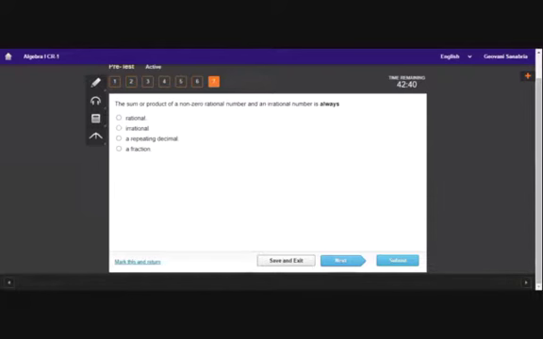So I think the sum of a rational and irrational is always irrational, and the product of a rational and an irrational is always irrational. So I think it's the second one. Irrational.